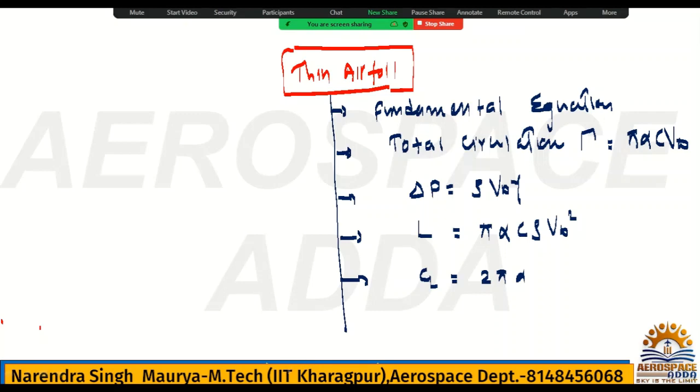All right, good. Now we are going to calculate the moment coefficient. So the next important part is moment, and the moment coefficient. These are the unknowns, we have to calculate them also.